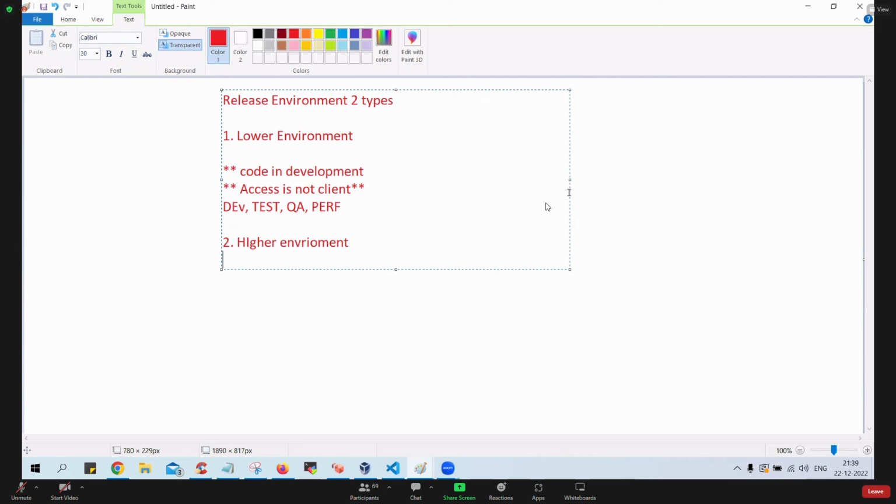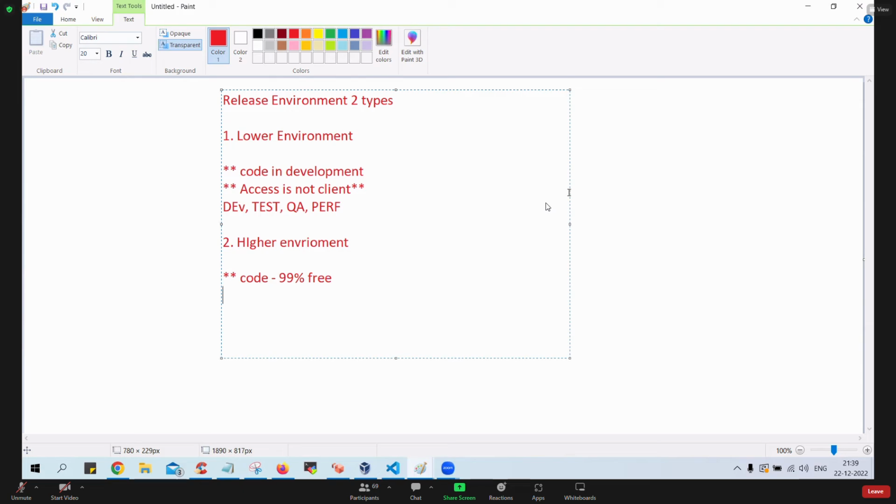Now, the higher environment. In the higher environment, the code is completely in release capacity. That means it is ready to go, bugs fixed. Almost 99% there are no bugs; you can take it for granted, 99-100%. It is bug free.